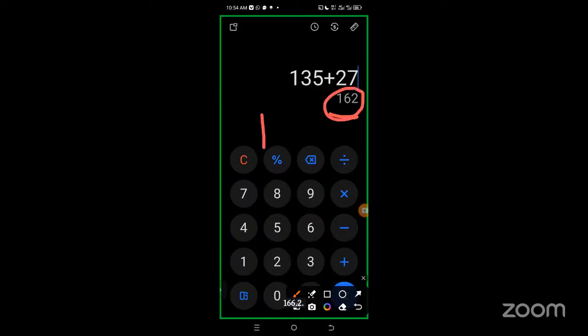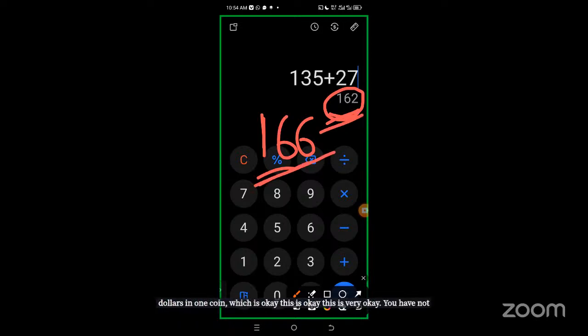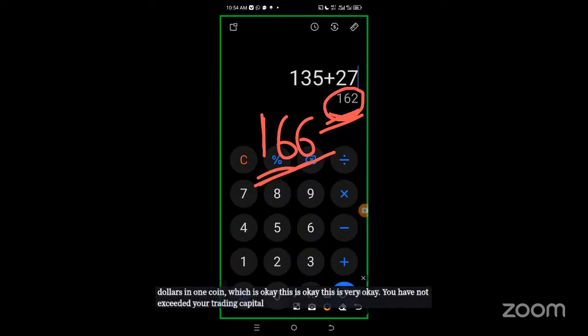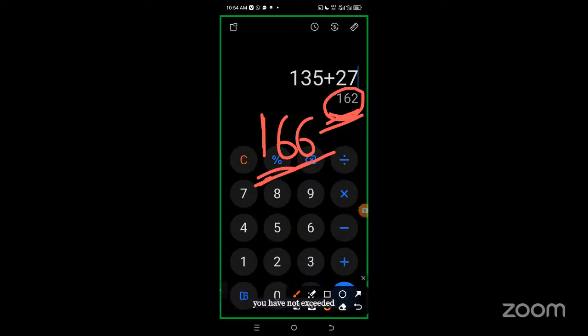But our aim was to invest $166 in one coin, which is okay. This is very okay. You have not exceeded your trading capital that you wanted to invest in a coin.